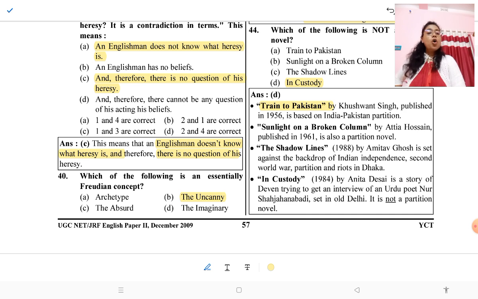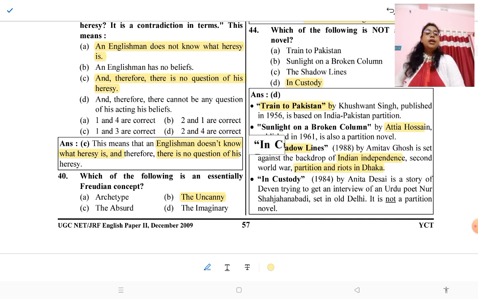Sunlight on a Broken Column by Attia Hosain, published in 1961, is also a partition novel. The Shadow Lines, published in 1988 by Amitav Ghosh, is set against the backdrop of Indian independence, the Second World War, and partition and riots in Dhaka.